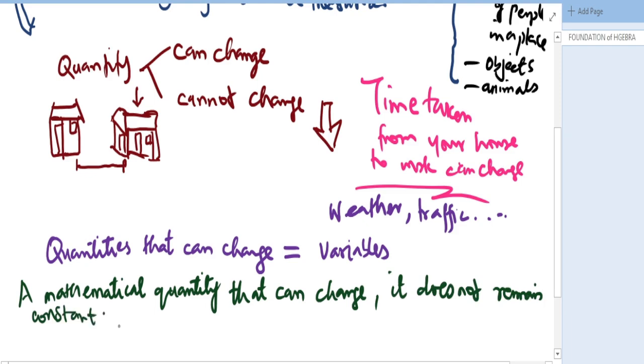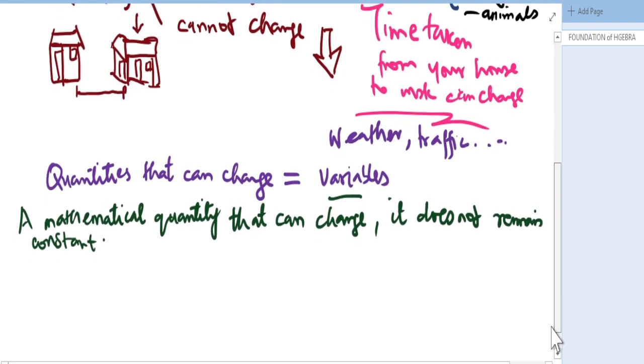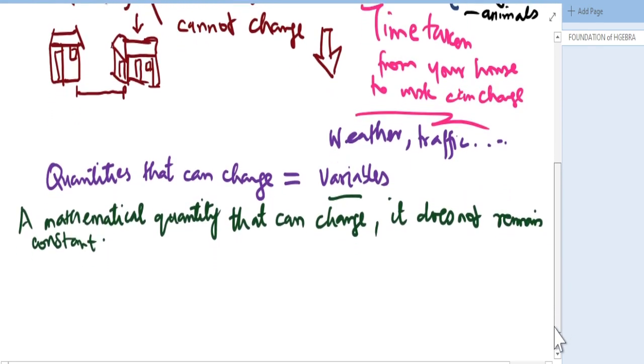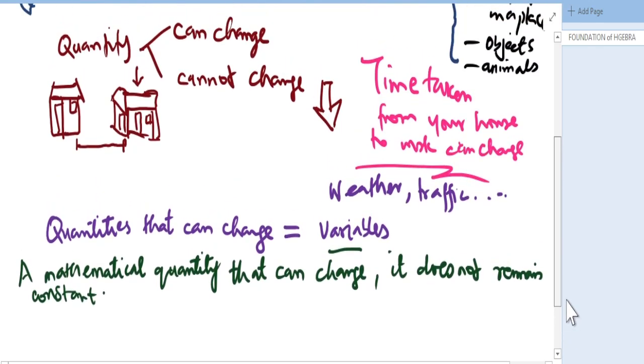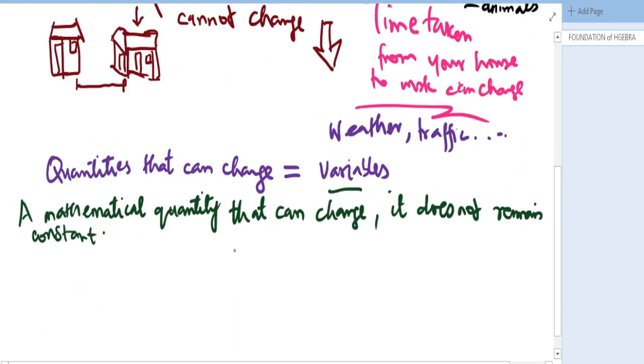If it does not remain constant and it can change, then we call it a variable. In some situations, things that may not change in ordinary situations may change, so we look at the context in which the quantity is being considered to determine whether it can change or it cannot change.